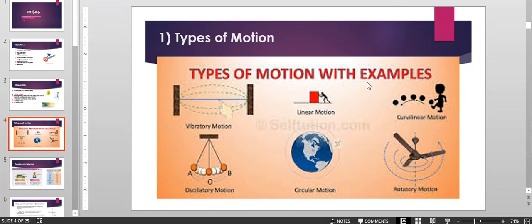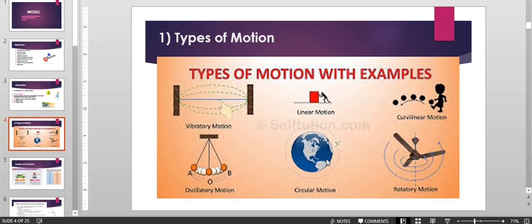The earth is showing two types of motion, that is rotation, due to which day and night happen, and revolution, due to which seasons come. So this movement of earth around the sun is in a circular orbit. Such type of motion is called circular motion.